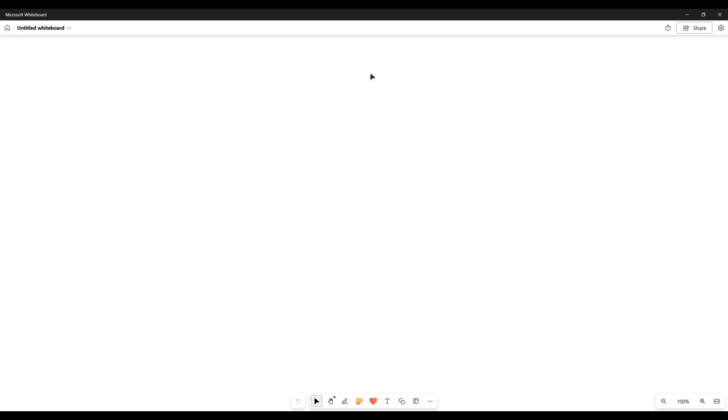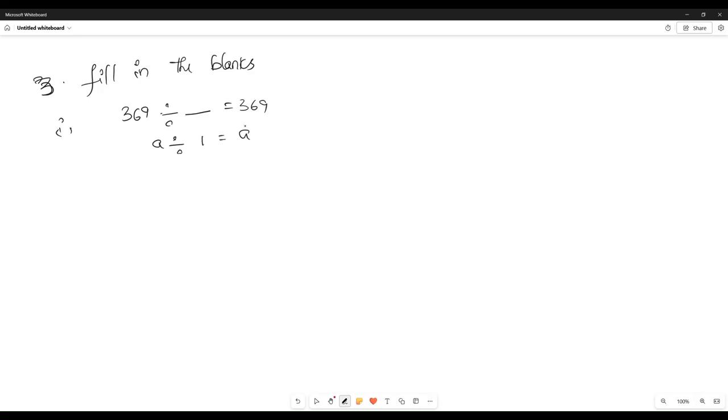So let's see the third question. They have given fill in the blanks. You have to fill the blanks. First one is 369 divided by dash gives 369, which is like A divided by 1 gives A. So the answer is 1.